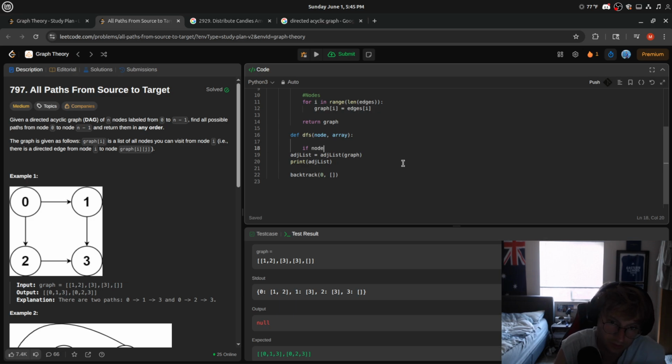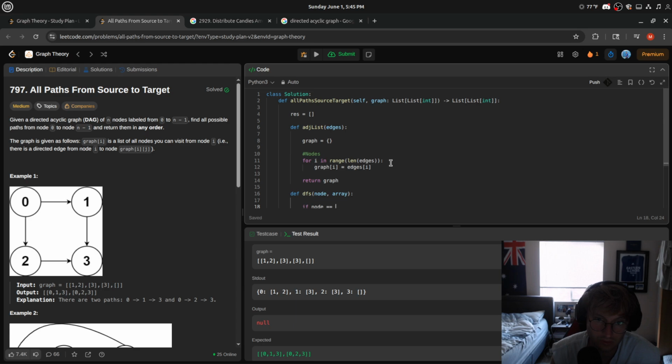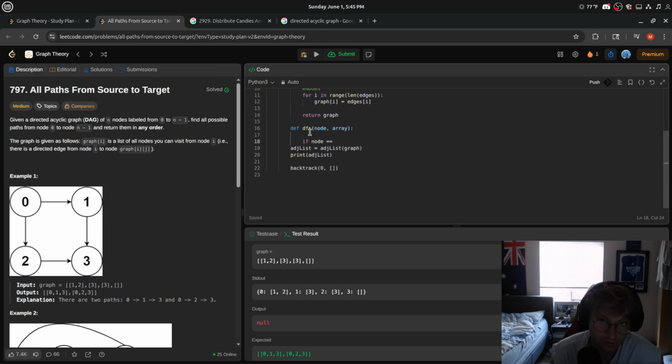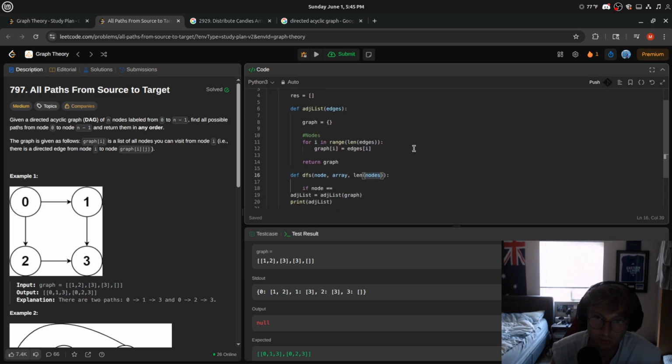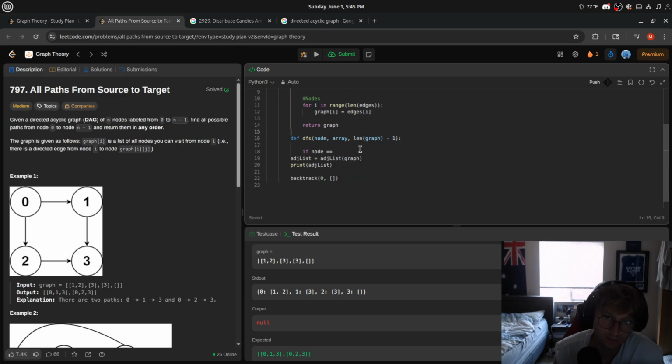If node is equal to... 0, 1, 2, 3. Let's do target node, the length of graph, minus 1. Is that going to work?